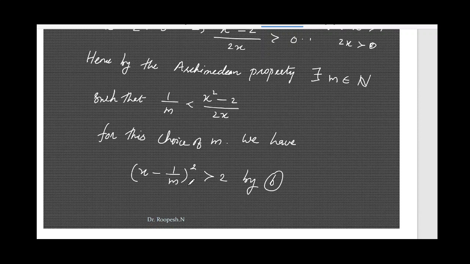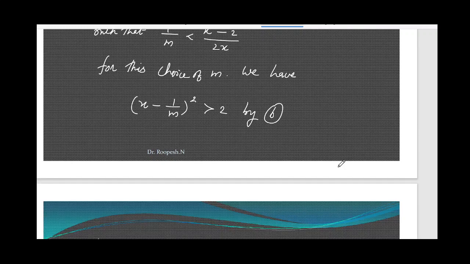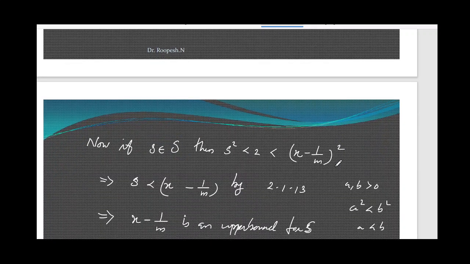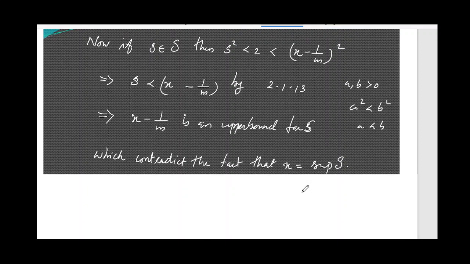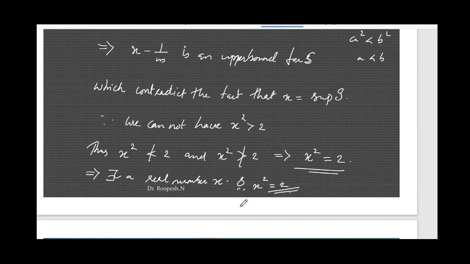So that means this is a number in your S. Now you take an arbitrary value and this value is less than x minus 1 by m. Then x minus 1 by m is an upper bound for S, which is again a contradiction since x is a supremum. So x square less than 2 is not possible, x square greater than 2 is also not possible. So the only possibility is that x square equal to 2.